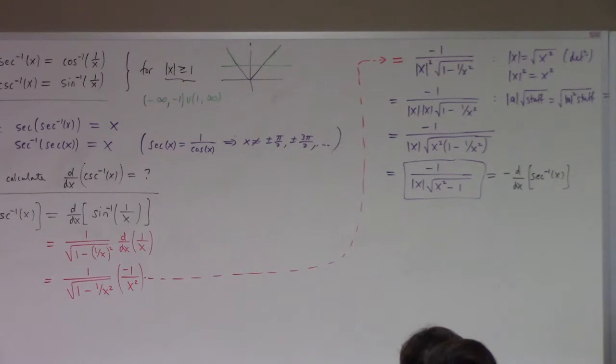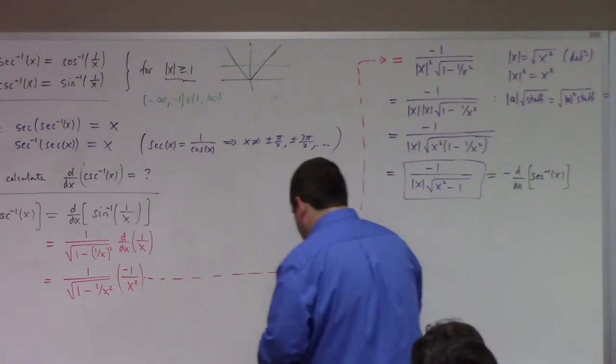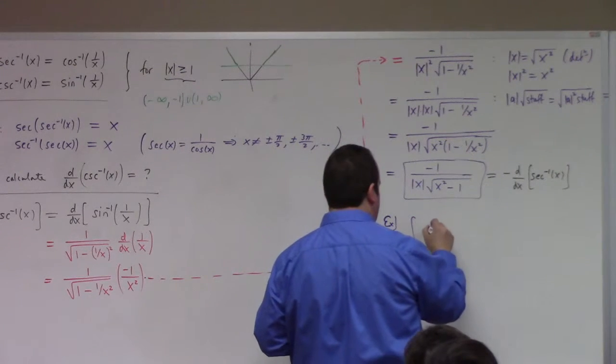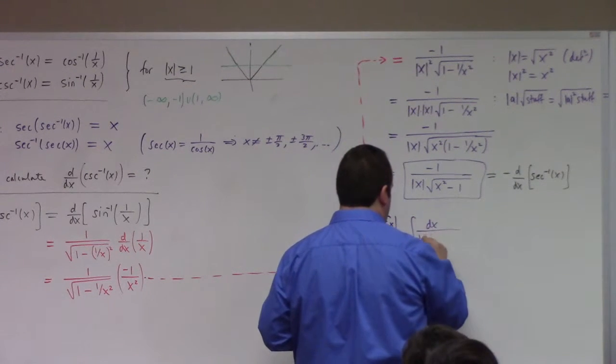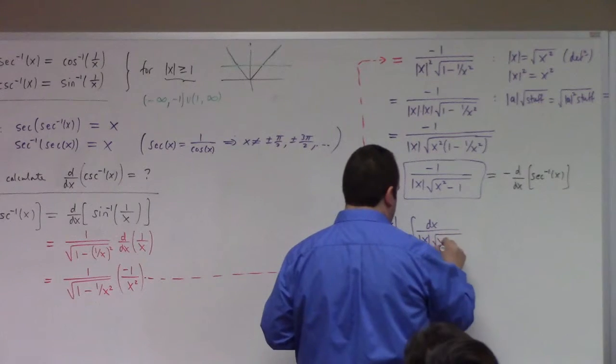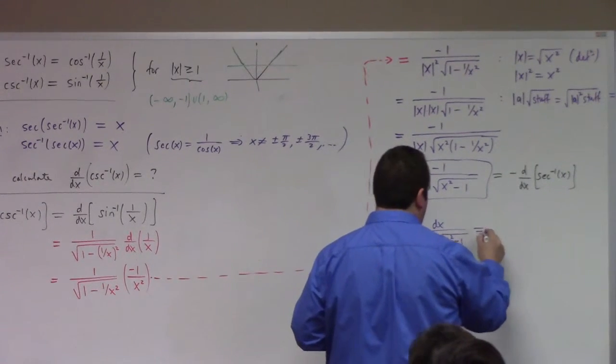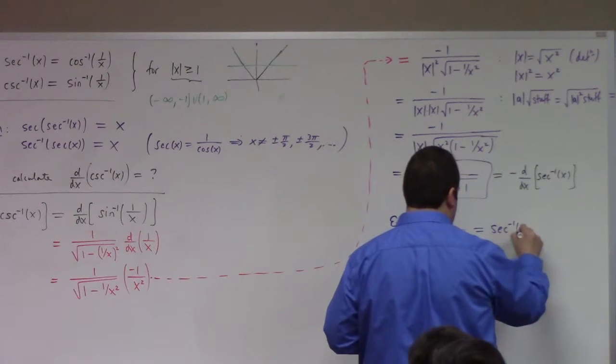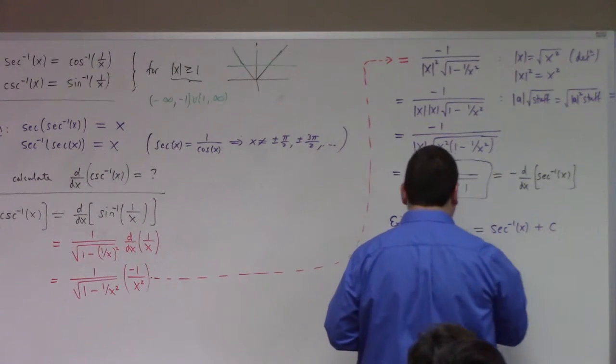And to each one of these derivatives, of course, we have a corresponding integral. For example, if I was asked to integrate dx over the absolute value of x times the square root of x squared minus 1, I would just say, aha, that is exactly inverse secant of x plus a constant, right?